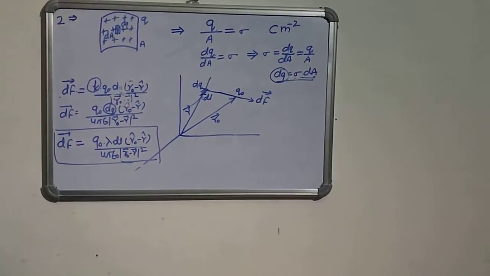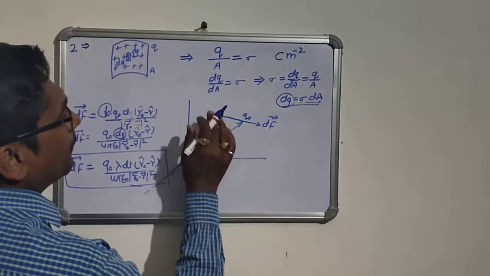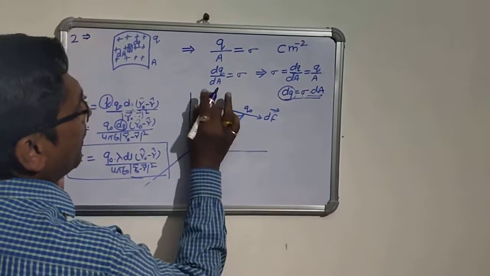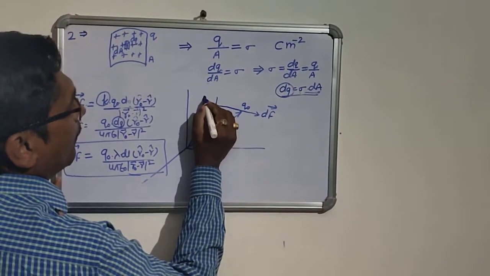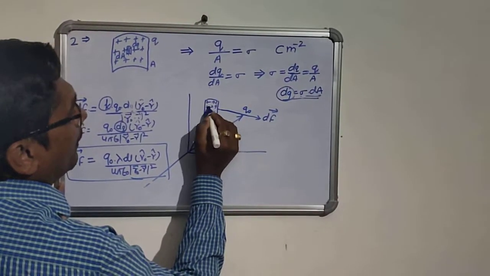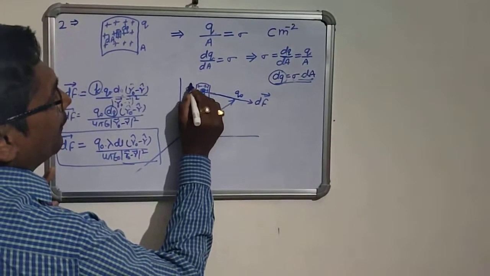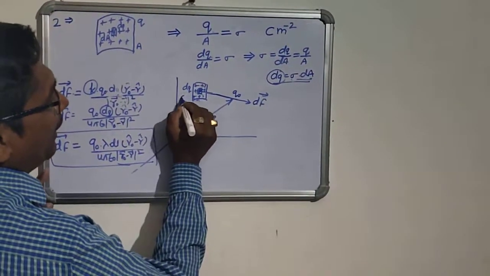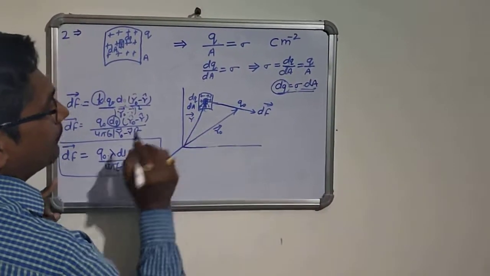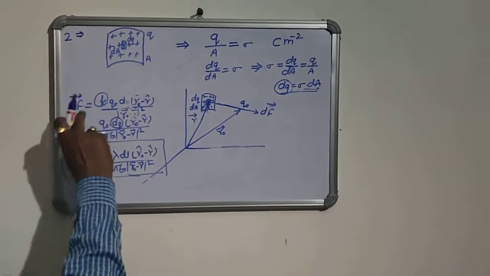Now for the next case we have to change the figure. The small segment is this. The force exerted by this segment, with charge dq and area dA, and position vector r.